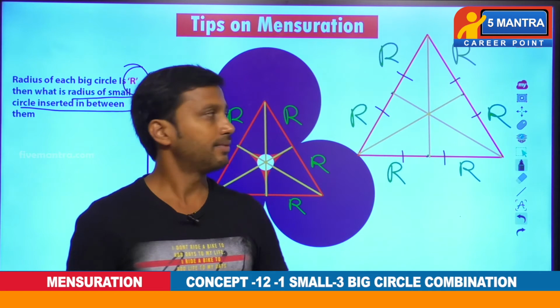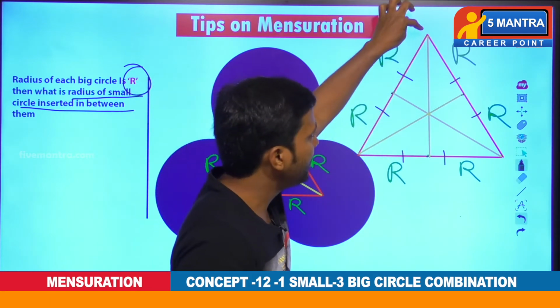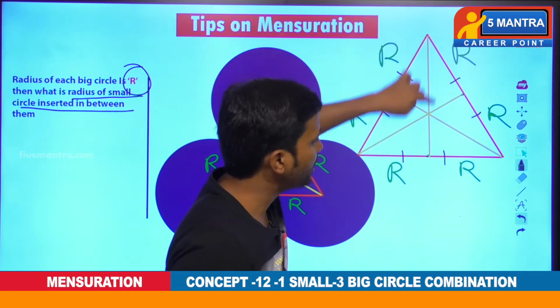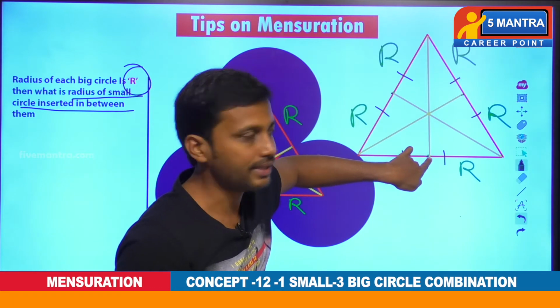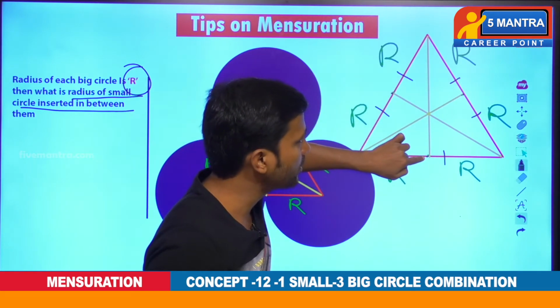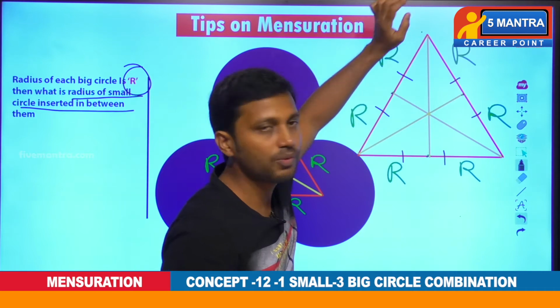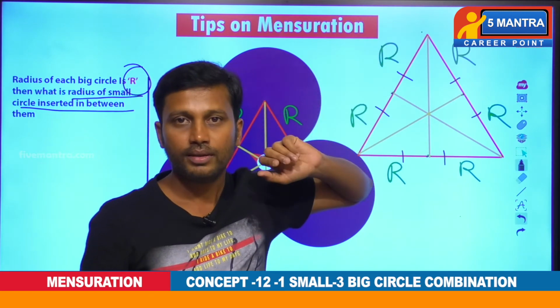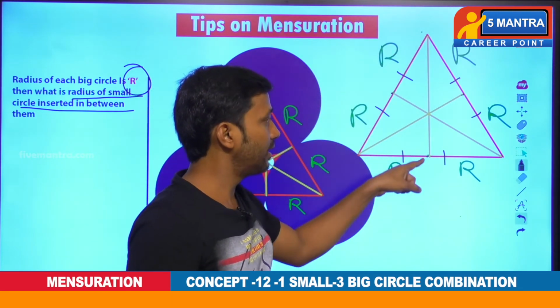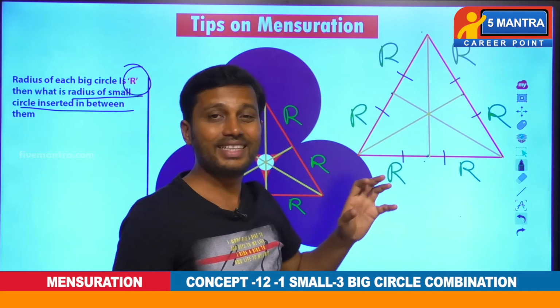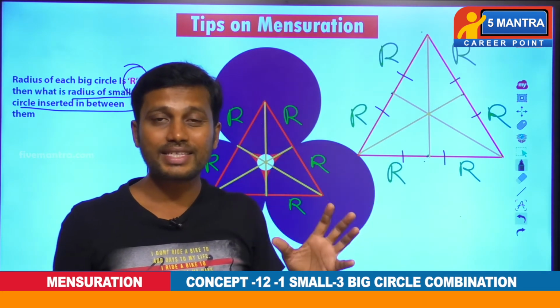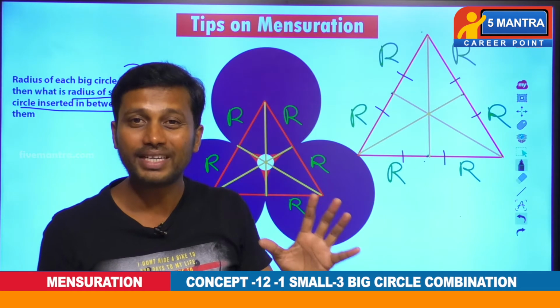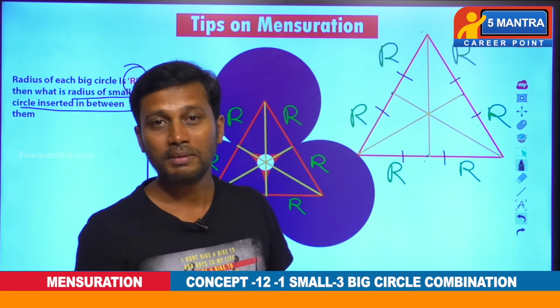Now next part. Just observe this line. This line is drawn from a vertex to the midpoint of the opposite side. See, this is the midpoint of the opposite side, and this is the vertex. When it is drawn to the midpoint, this type of line in a triangle is called a median. What do we call that?